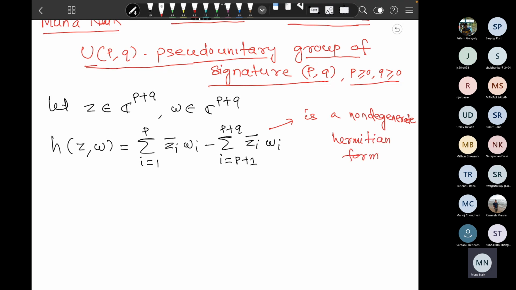Now let e1, e2, up to e_(P+Q) be the standard basis.